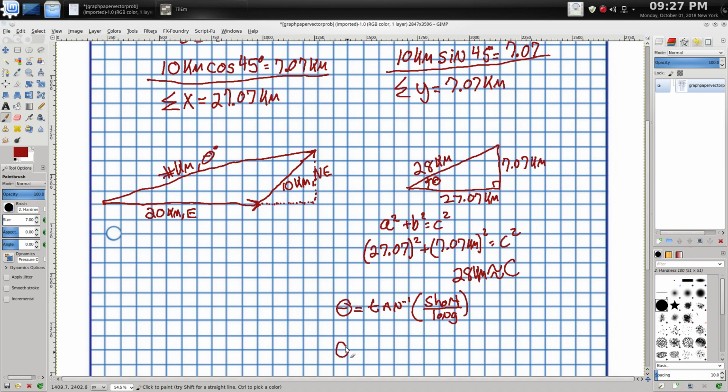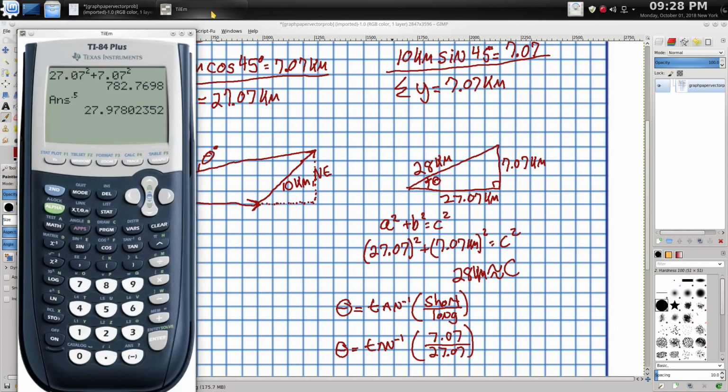So let's go ahead and plug in our short over long. So we get theta equals the inverse tangent of, what is our short side? Well, our short side was this 7.07 divided by the longest side, which is 27.07. All right, so let's enter that into our handy-dandy calculator.